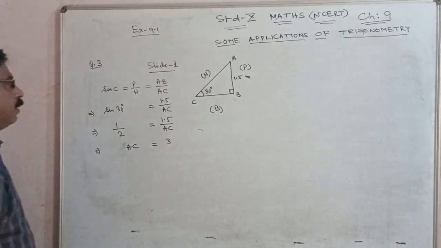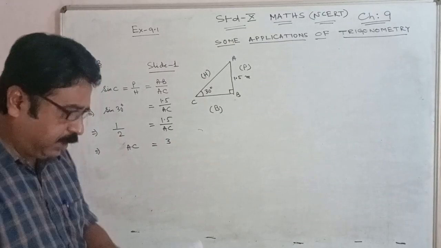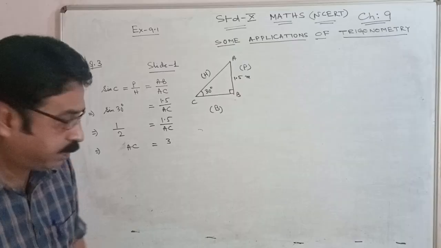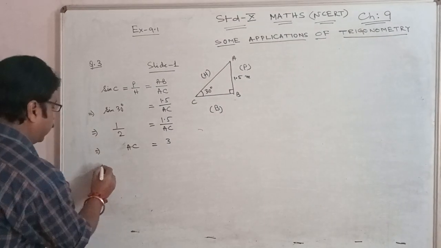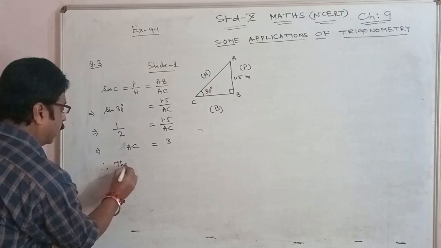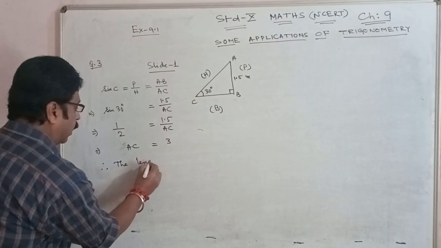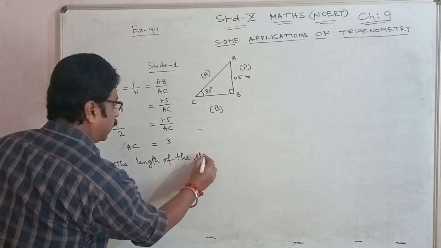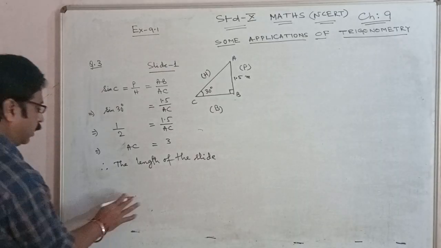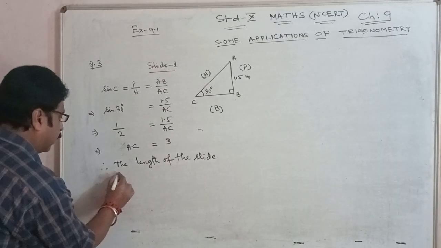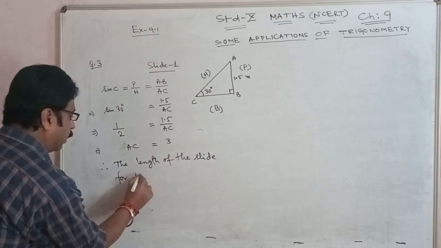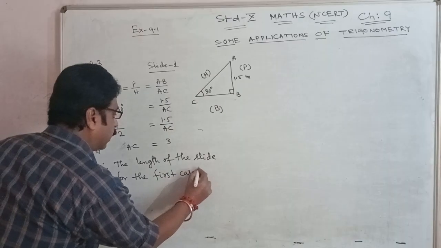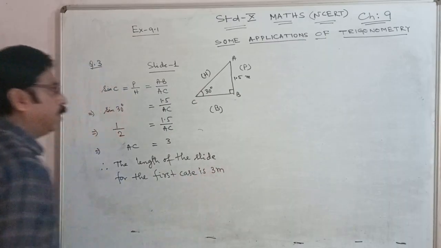We can write what is given: find the length of the slide in each case. Therefore, the length of the slide for the first case is 3 meter.